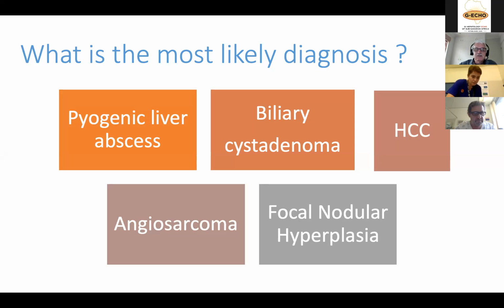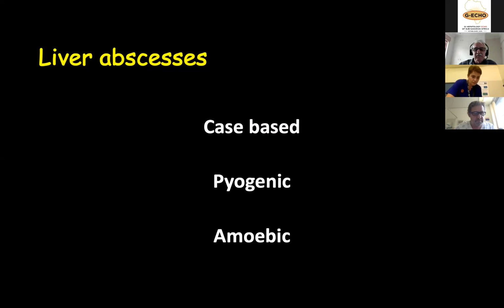However, if you notice carefully, there's no evidence of cirrhosis on the CT scan, which probably makes that a little bit less likely. So I'm going to close the poll and start with my talk, which is really going to be case-based about pyogenic and amoebic liver abscesses.